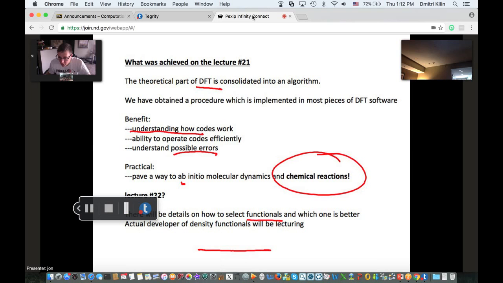And so depending on what type of functional you use within a DFT calculation will give you different results, based on if it's a pure functional or a hybrid, like what percentage of Hartree-Fock exchange is used, but also the different exchange correlation pieces that are used between different functionals.